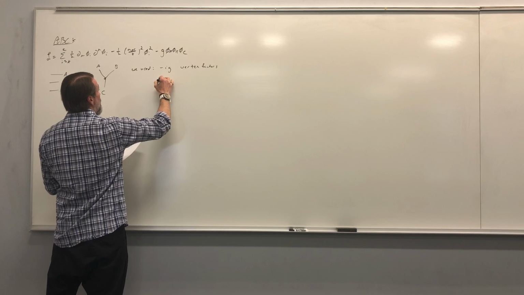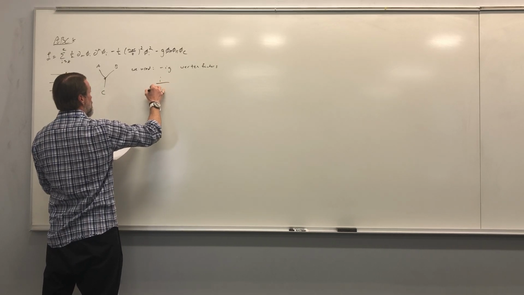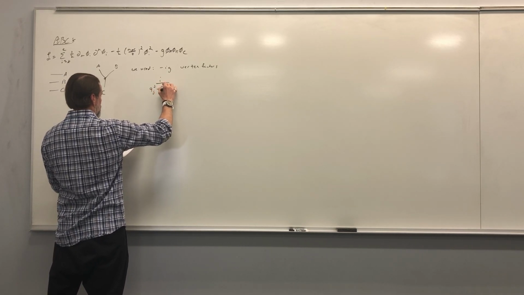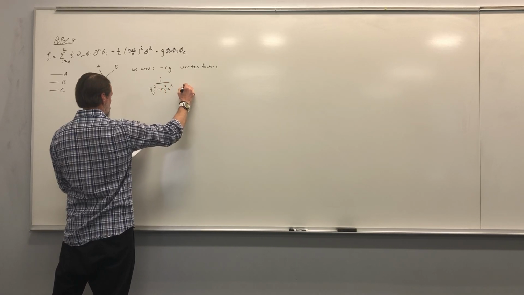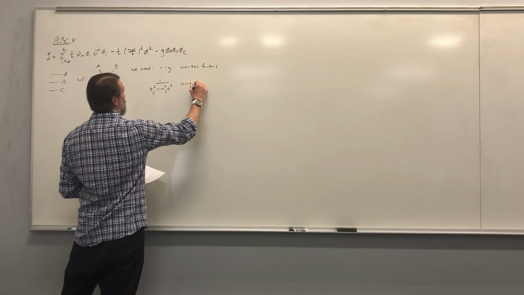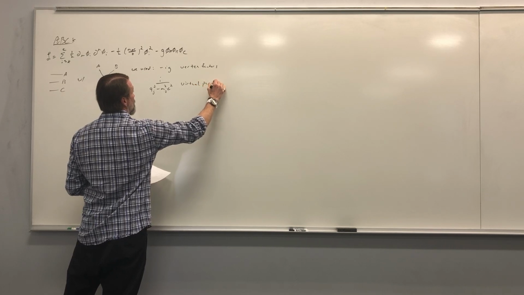And then we used i over (q_j² minus m_j² c²) for virtual particle propagators.